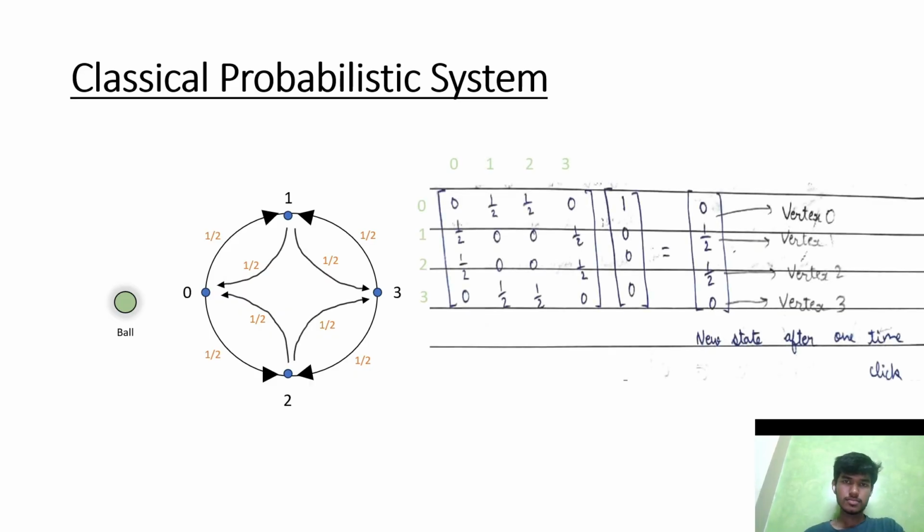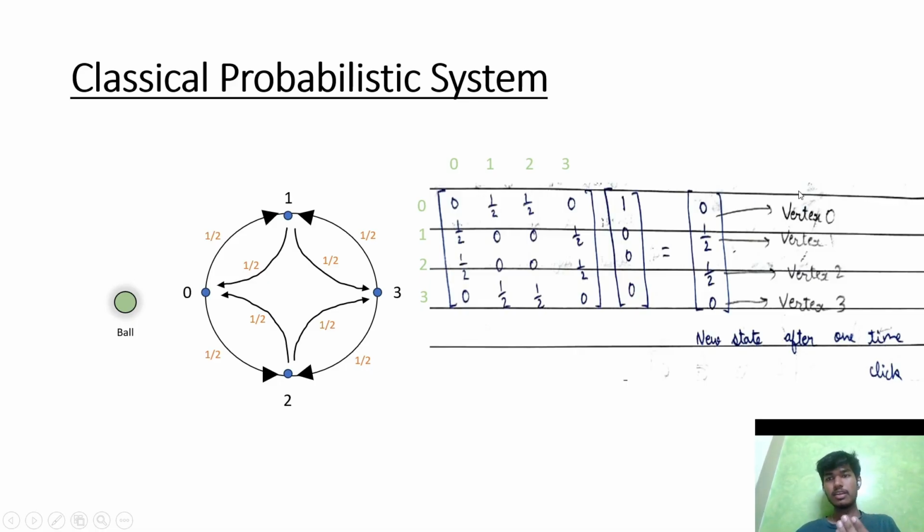So now here what I've basically done is this big matrix is the adjacency matrix that we've written before. This one right here is the initial state matrix. So after we multiply these two by basic matrix multiplication, we get 0 into 1 plus half into 0 plus half into 0 plus 0 into 0. That all adds up to be 0.